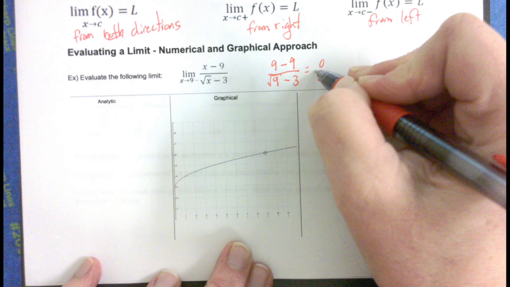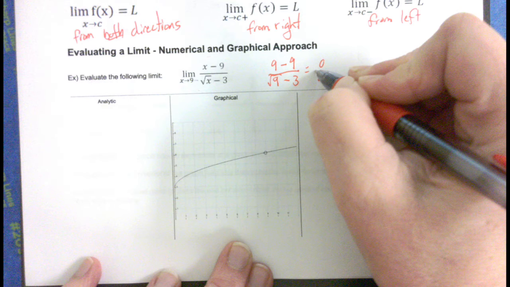And 0 divided by 0, I hope in your mind you're thinking, well, is it 0 or is it 1? Or it could be any number. Very good. It is indeterminate. It is neither 1 nor 0. It doesn't make sense.